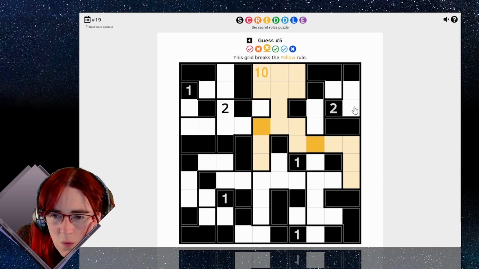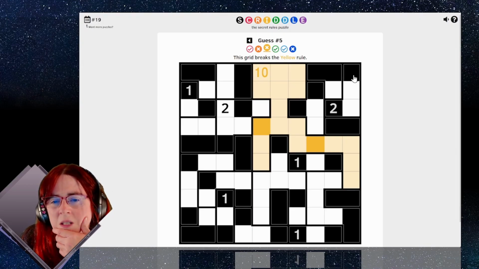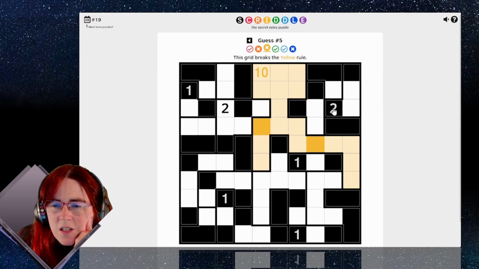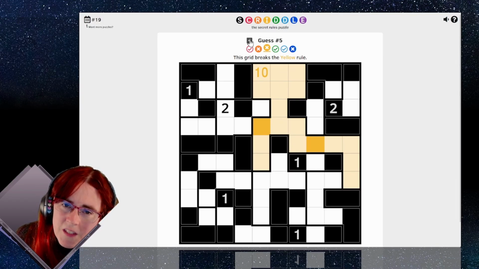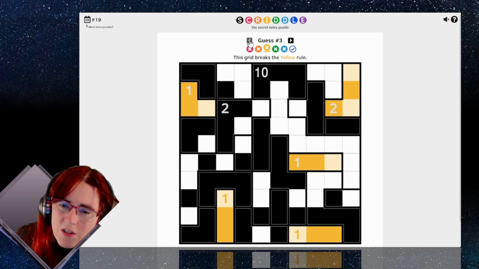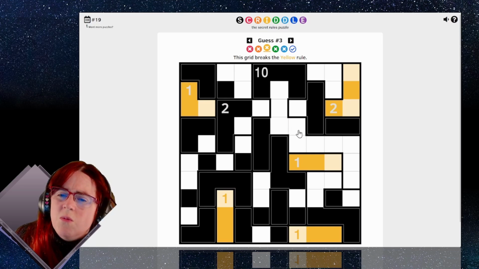So we've got 1, 2 pieces between it. So maybe it should be understood to be there is a path from one shaded cell to another shaded cell which passes through exactly that number of unshaded cells. That's so convoluted. Is that true here? No, it's not remotely true here.